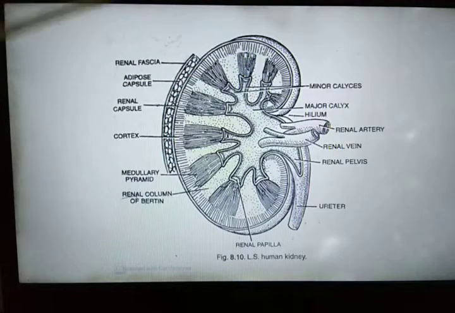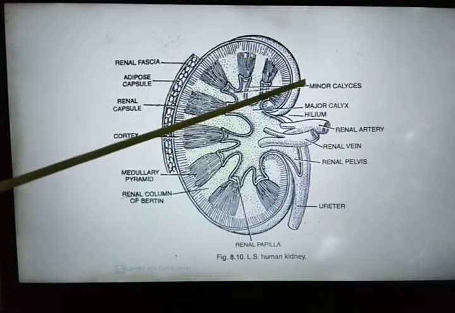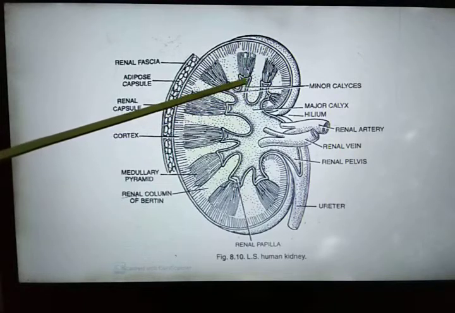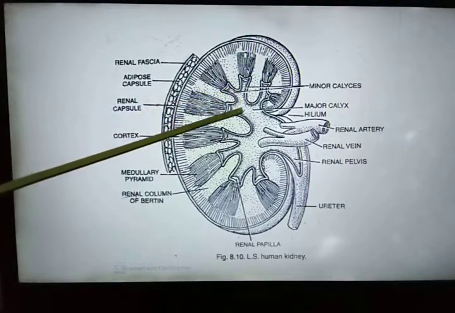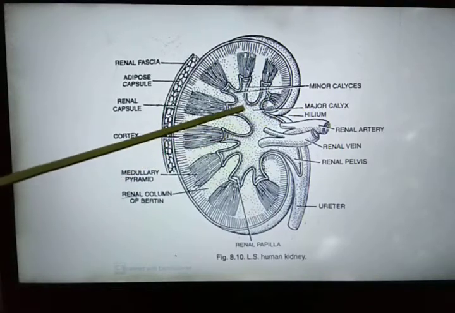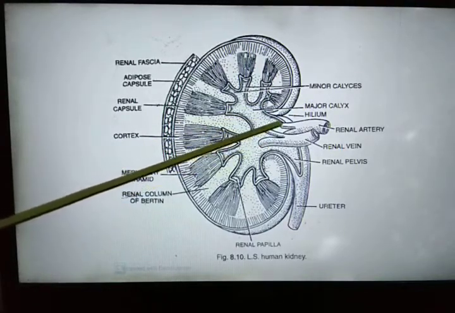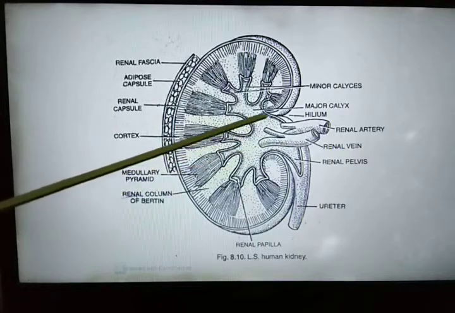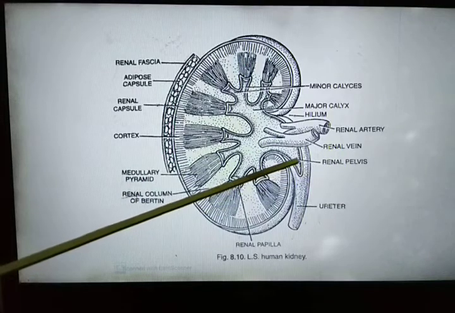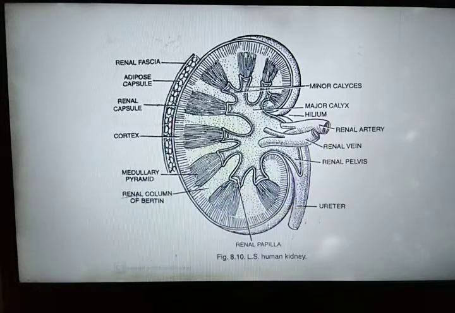Minor calyx are 7 to 13 in number and are connected with the medullary pyramids, and they lead into a structure known as the major calyx. Then the major calyx open into a funnel shaped structure known as the renal pelvis, and the renal pelvis leads into a ureter.